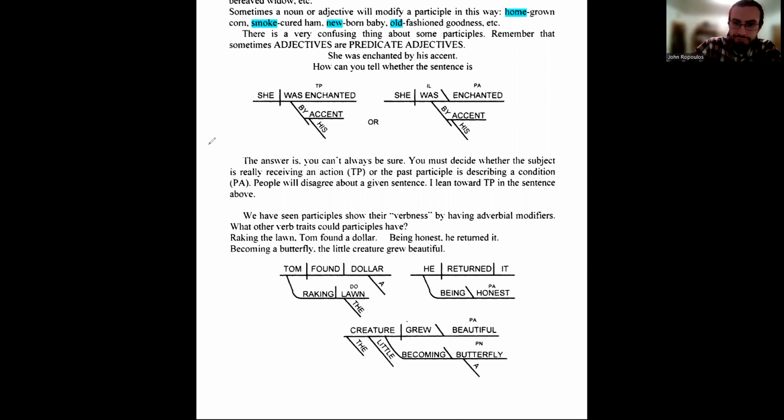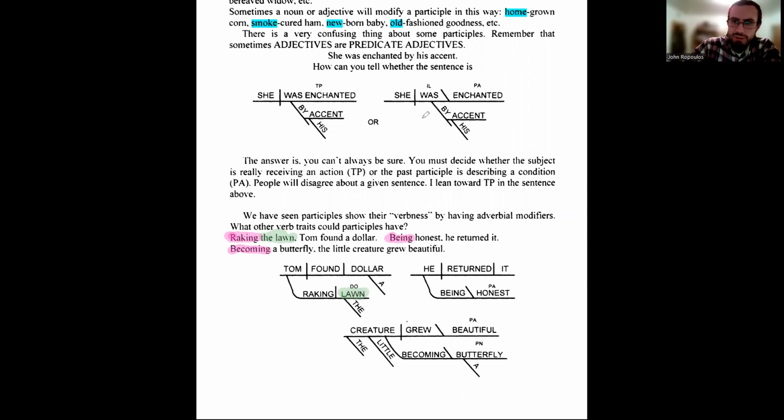So raking is our participle. Being, participle. Becoming, participle. Now, raking the lawn. What is he raking? He's raking the lawn. So that is like a direct object, right? And so we're going to diagram it just like that.